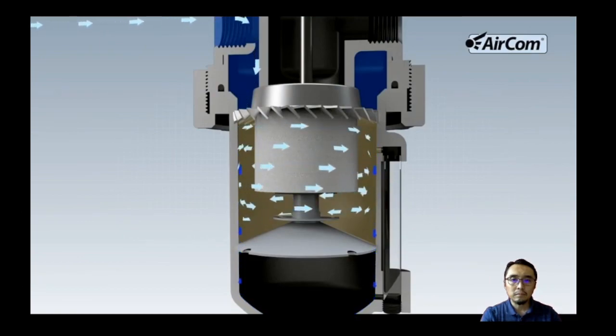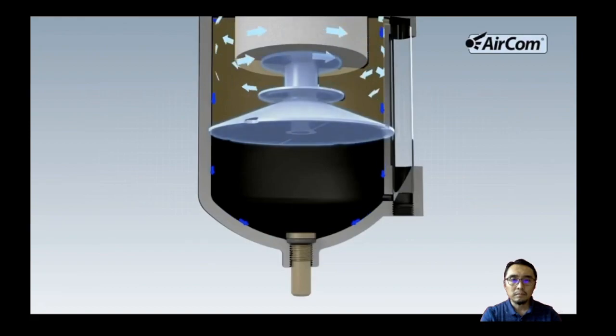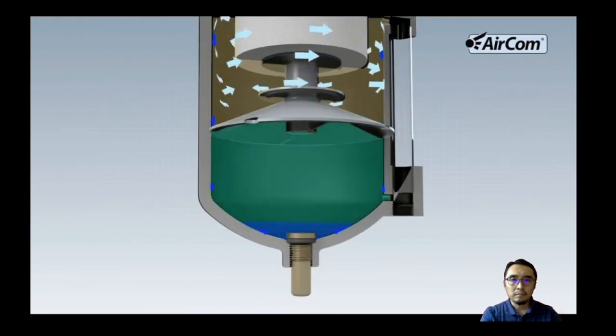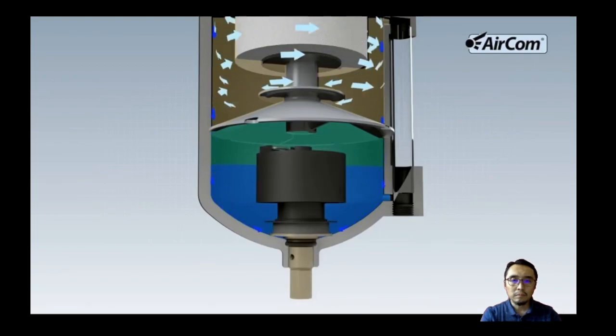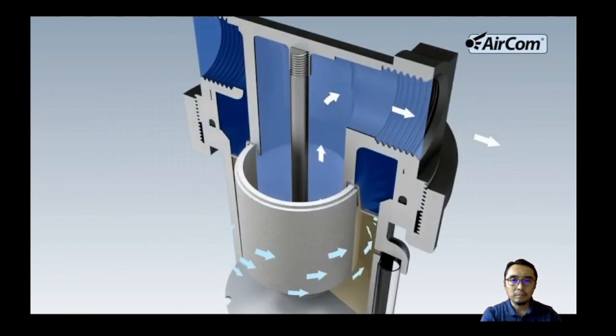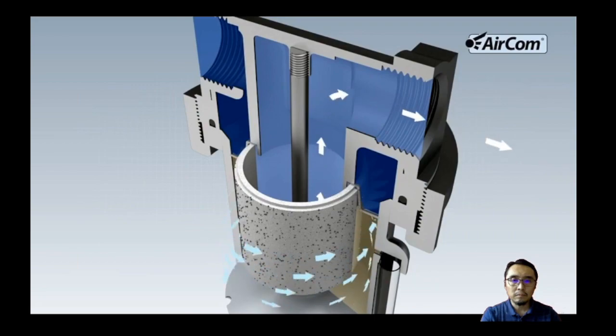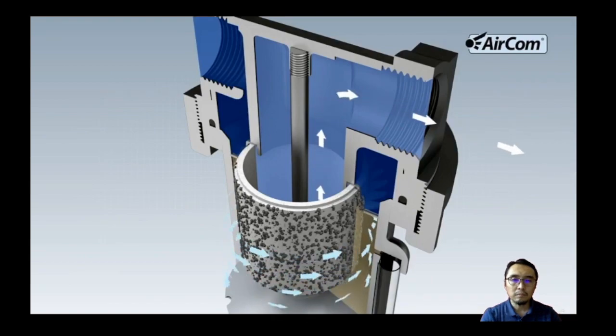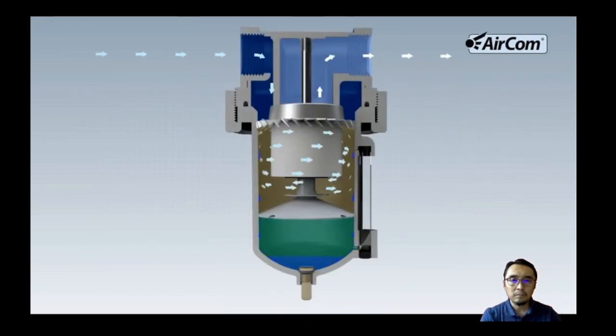The separator disc prevents the collected water, referred to as condensate, being picked up by the airflow again. It divides the filter into a flow zone and a slowdown zone. The condensate collects in the slowdown zone and can be removed from the filter using a manual drain or an automatic drain. The air from which the condensate has been removed now flows through the filter element to remove the remaining dirt particles. The air is cleaned depending on the pore width of the element. After the air has been cleaned of water and dirt, it reaches the filter outlet and hence the consumer.